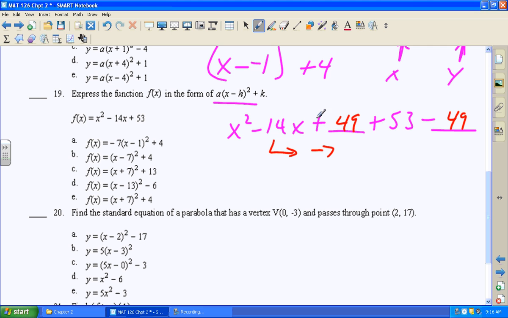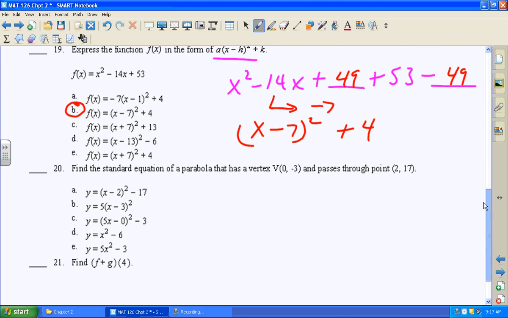If you add 0 to something, it doesn't change. You're just changing the looks of it. So you have x minus 7 squared plus 4. So that should be B. Okay? So you have to complete the square twice.